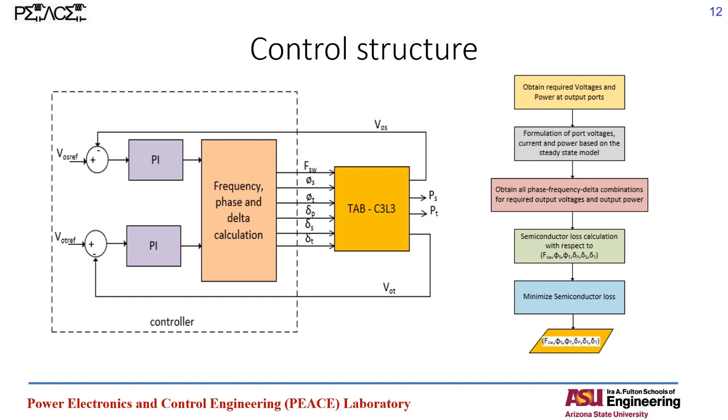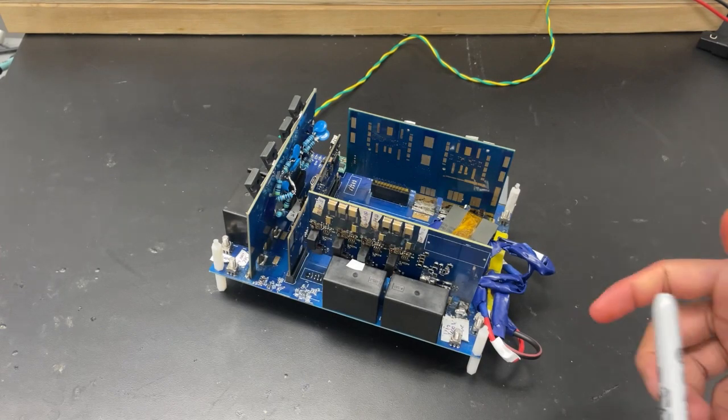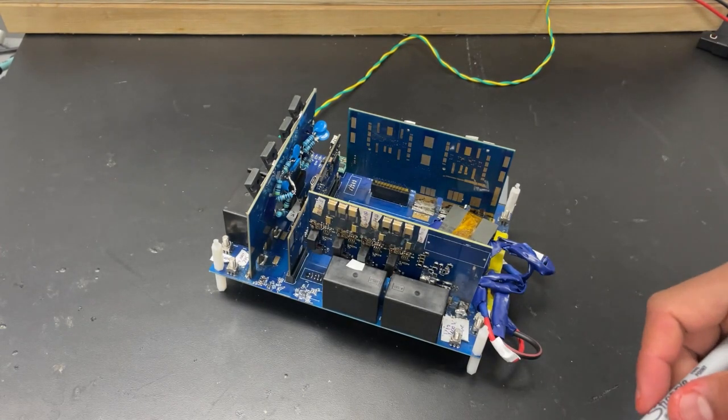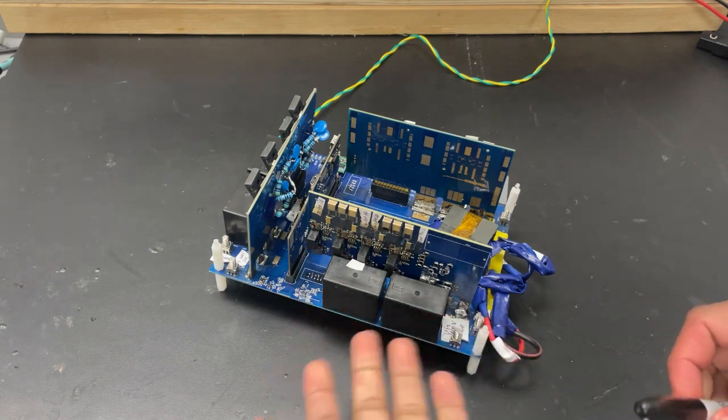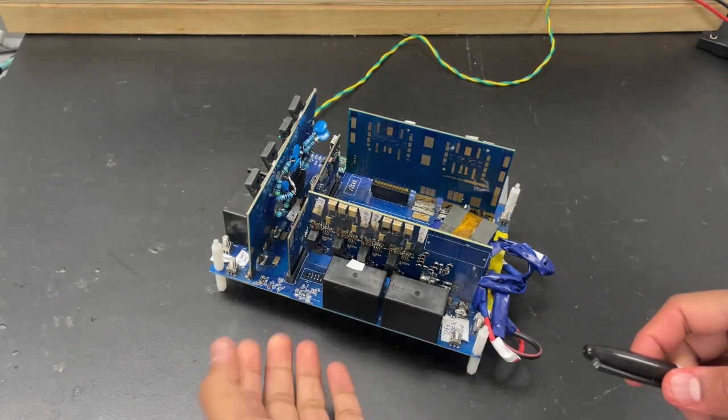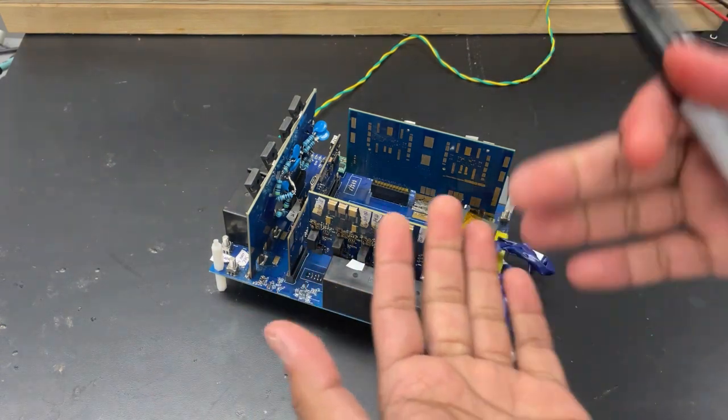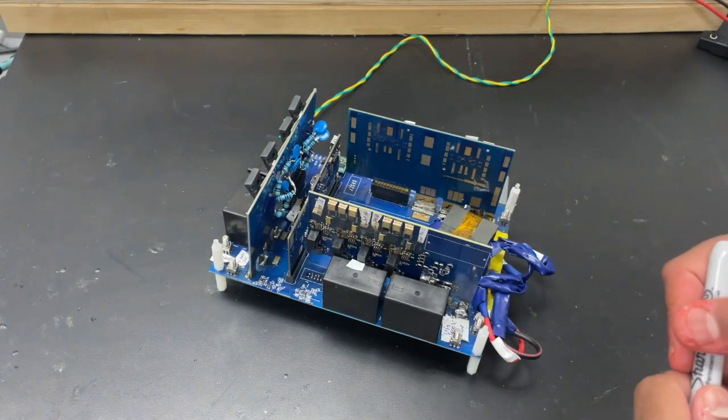Now we'll look into the further clarification of the hardware. Welcome everyone. I'll go over the hardware description of the project right now. As you can see, the hardware is being realized using a base PCB, and on top of that we have straight aligned active full bridges.